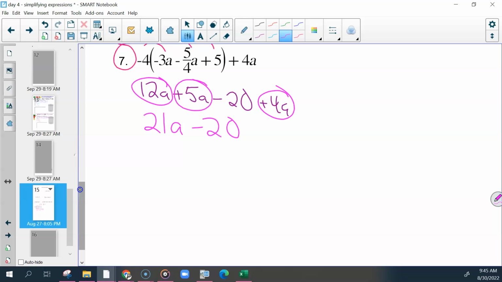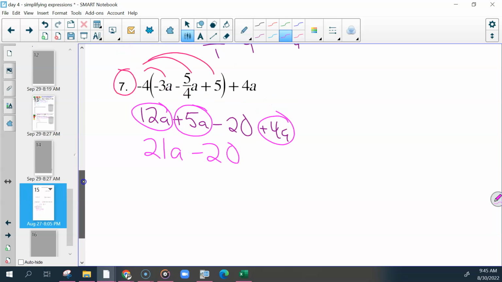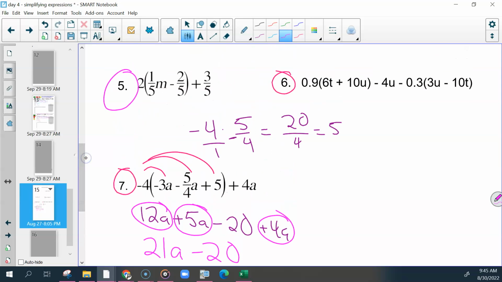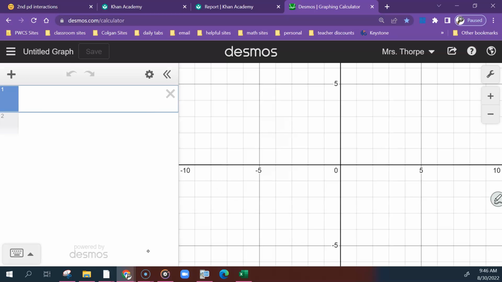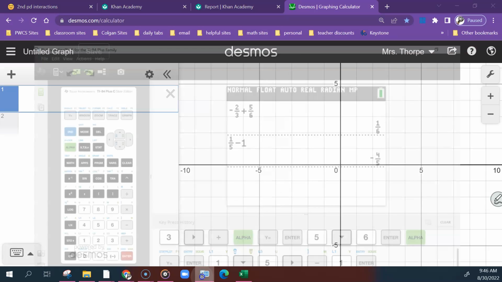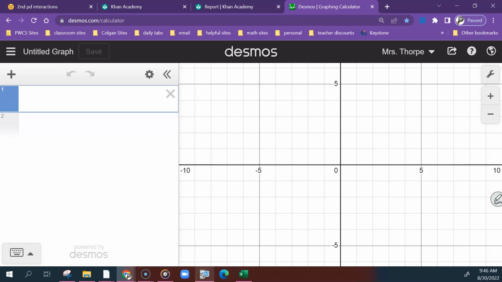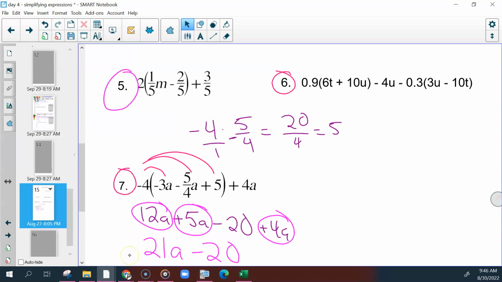I'm going to find what the rational looks like just to make sure we're all on the same page there. If you wanted to, like at home you don't have these calculators, but if you wanted to check yourself using Desmos, I'm going to do the example where we're multiplying -4 and -5/4.